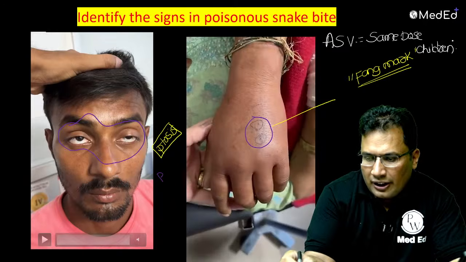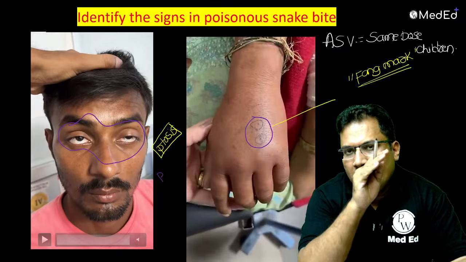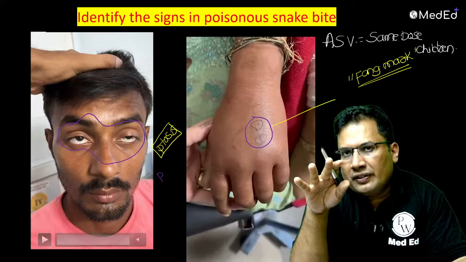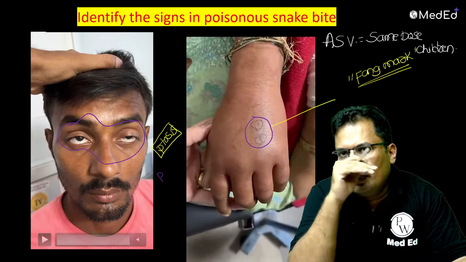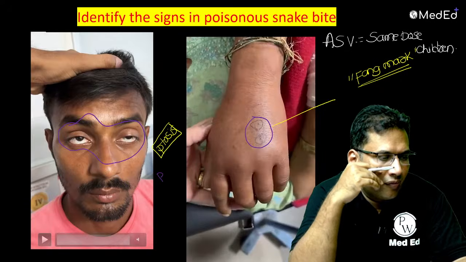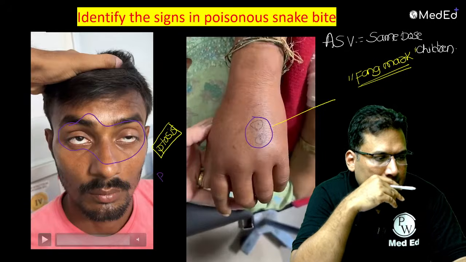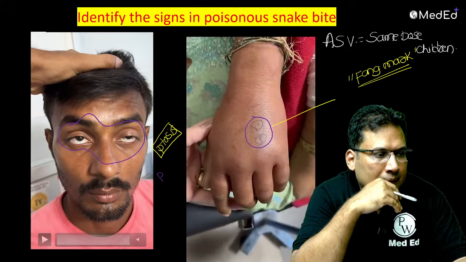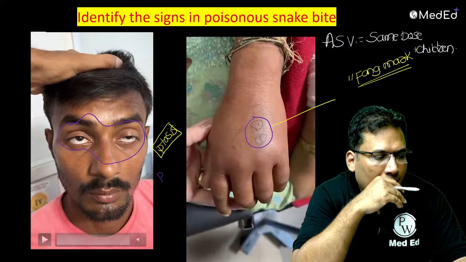The adult is equal to child in relation with the ASV dose. Okay. Any other doubt? Thank you.